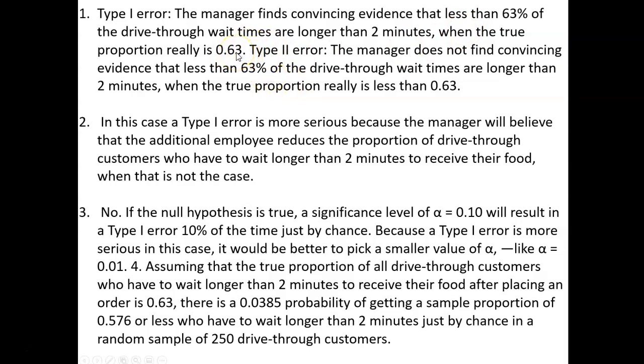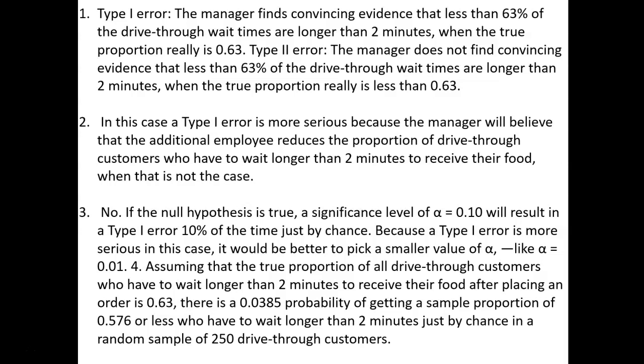Your customers are still waiting as long as they always were, and you gave that extra worker to the drive-through line, so you're paying an extra person technically, and you're taking away from somewhere else in the restaurant. So you're working off of a type 1 error in that case, and that's a pretty bad issue. And they're claiming in number 2's answer that a type 1 error would be more serious because the manager believes the additional employee reduced the proportion when in fact it had no difference at all.